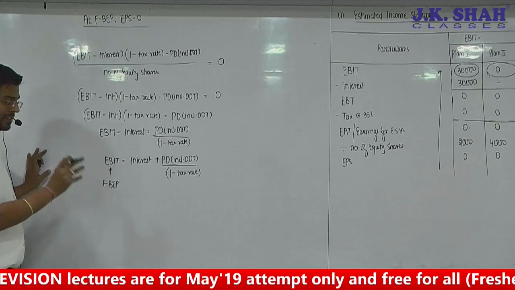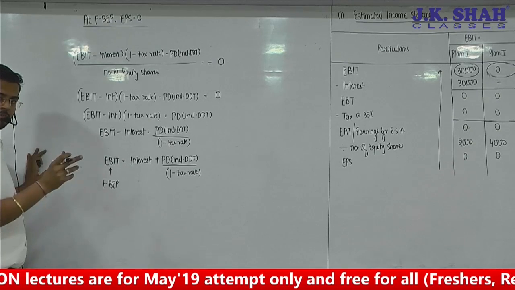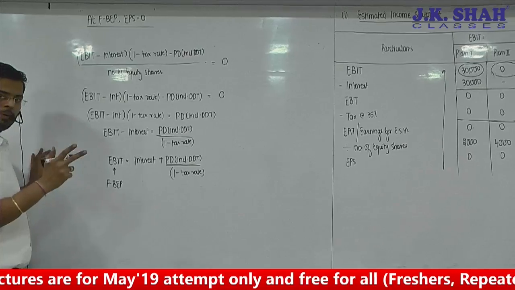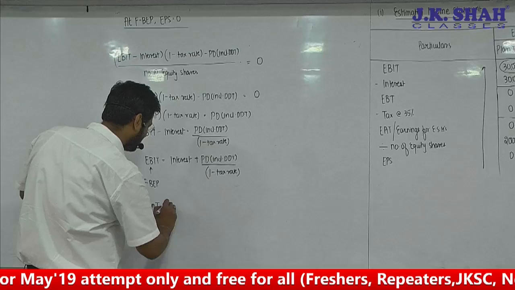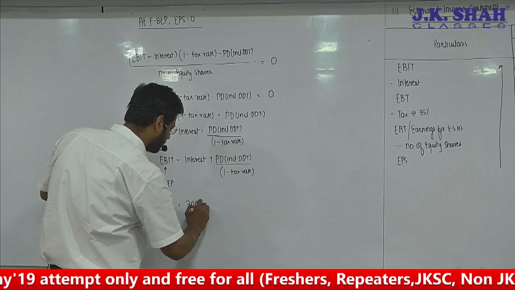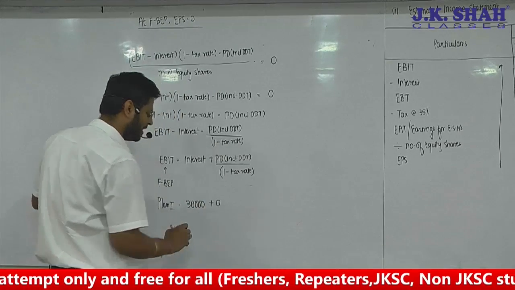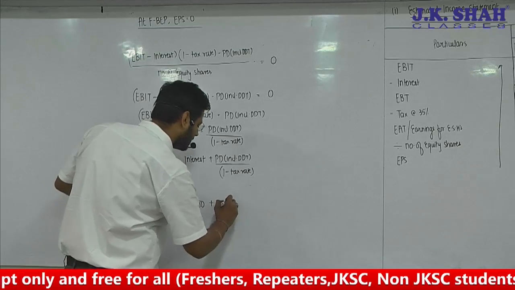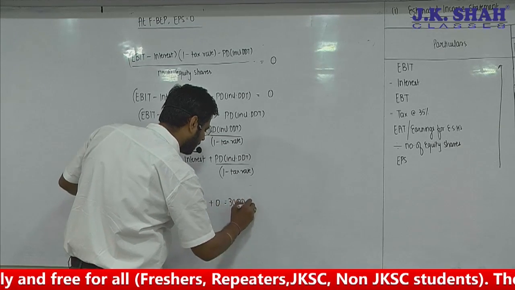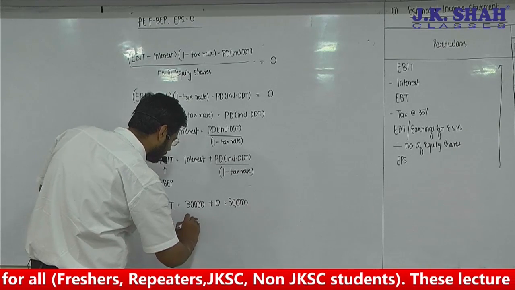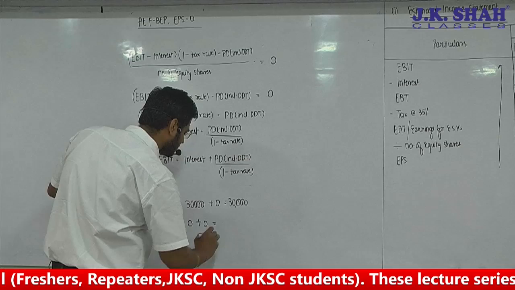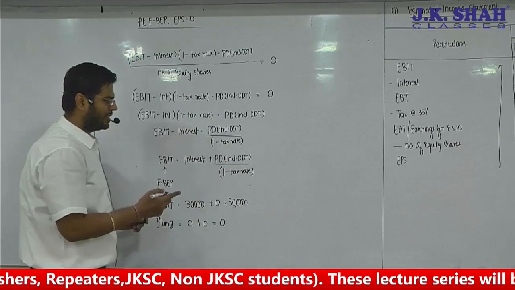And if I apply this in the sums required part, there are two plans. So if I calculate it for plan 1, in plan 1 we had fixed commitment of interest of 30,000, but there was no preference dividend. So its break-even point is 30,000 rupees. If you go for plan 2, then you have to earn 0 interest plus 0 preference dividend. This is 0. So same answer you can get it.